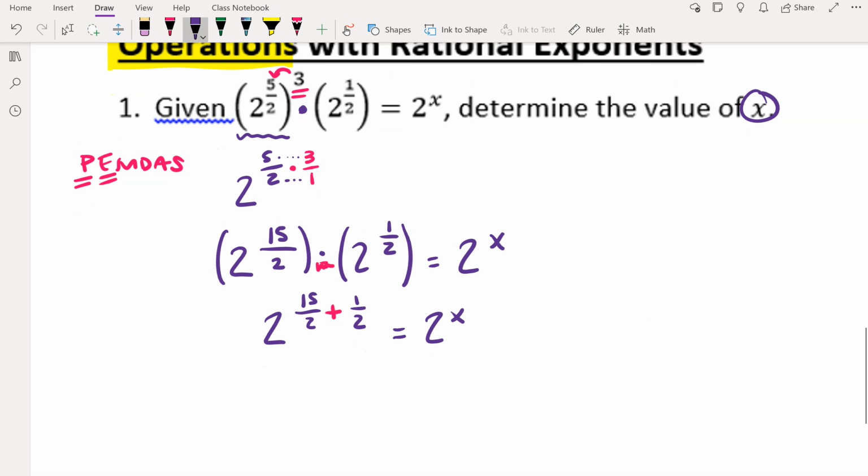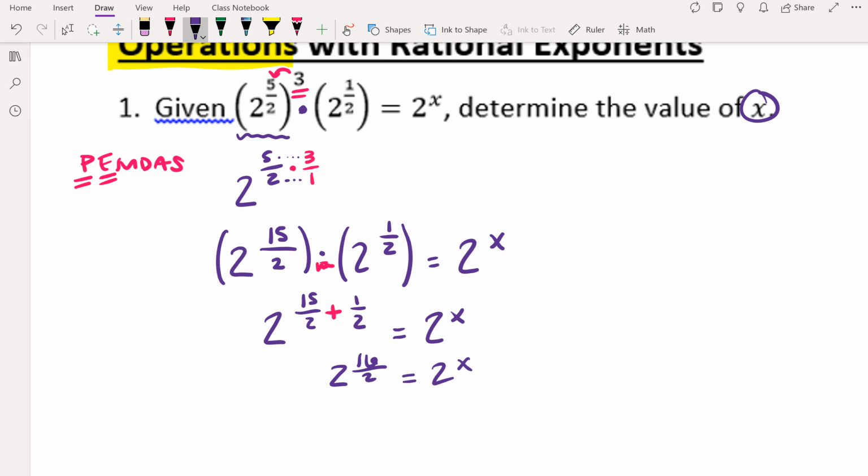All right, when we add fractions, we need a common denominator. Do we have a common denominator? Yes, the denominator is 2. So now we can just add the numerators. We get 2 to the 16 over 2 equals 2 to the x.